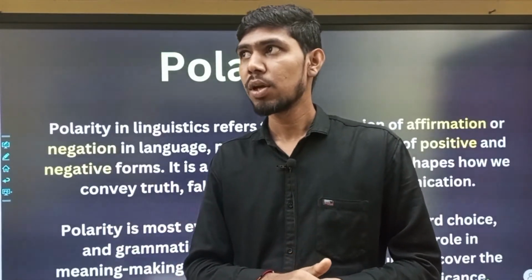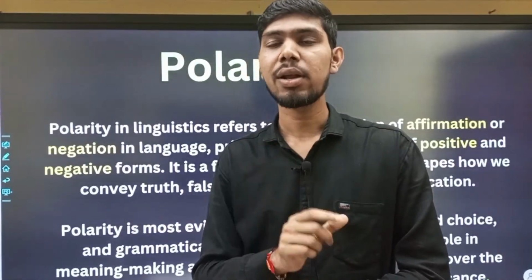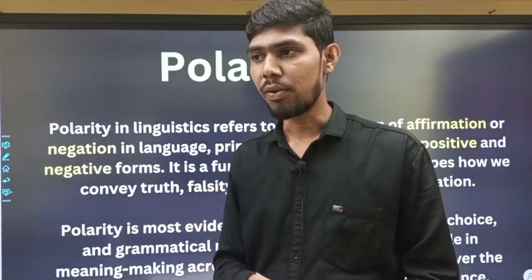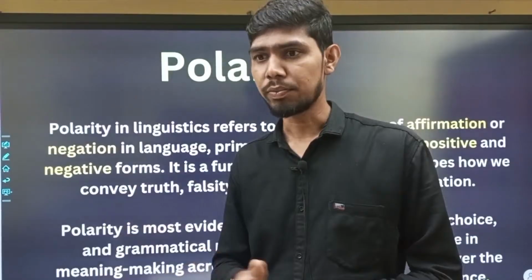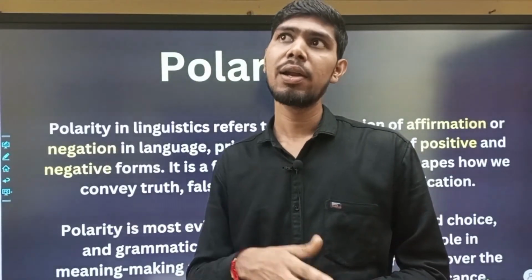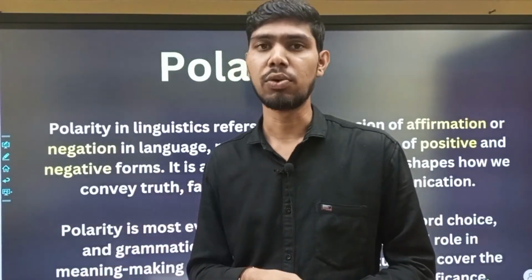Words like no, never, not are used for a negative sentence. When we use these words, we get a negative sentence. And if we use some positive words, we get a sentence that is positive or affirmative.